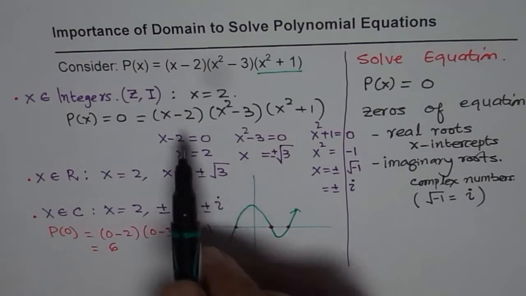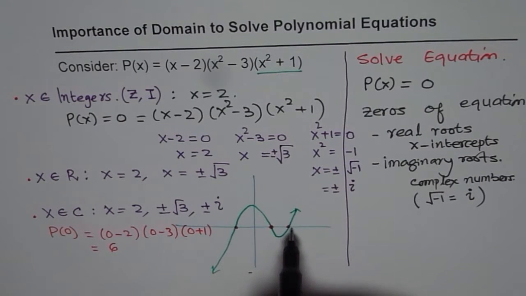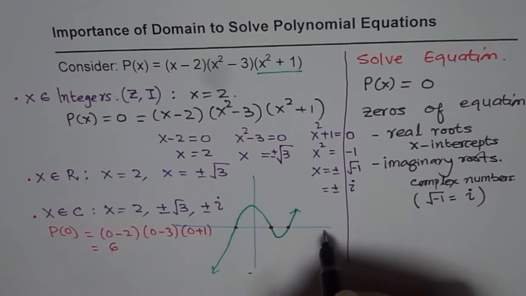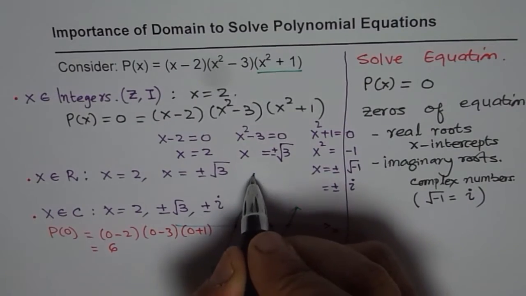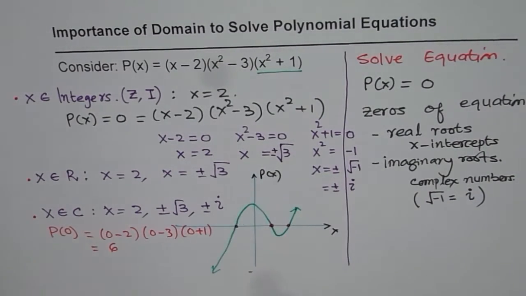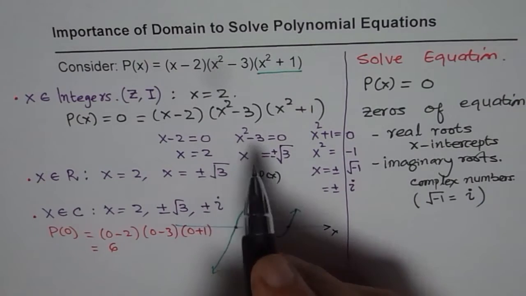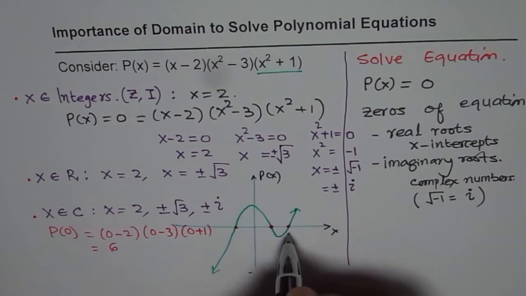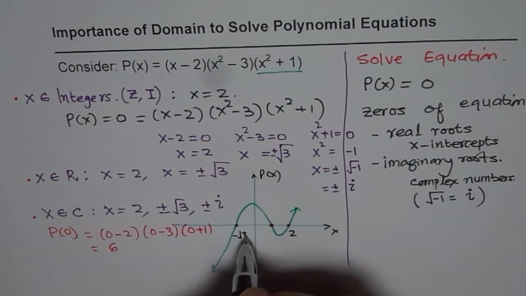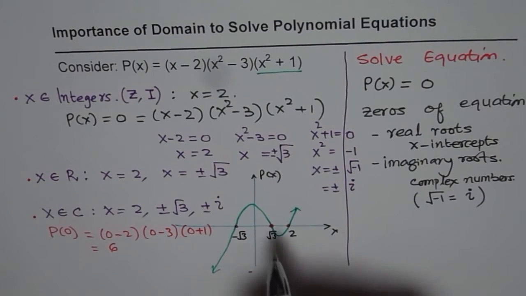The real roots are represented on the graph, but the complex root is not shown because this graph is on the real domain. So when we talk about a graph, we are always looking for real roots. Remember that part. So this is a polynomial p of x, correct? And we can write down our roots, which are in this case 2 and plus minus square root 3, and this point we found as 6.